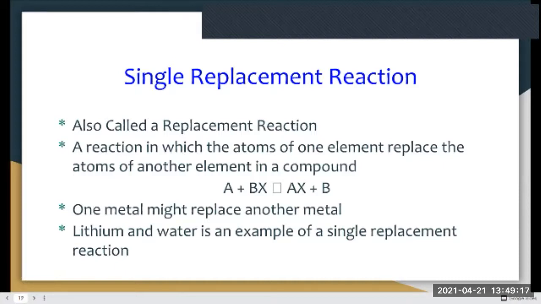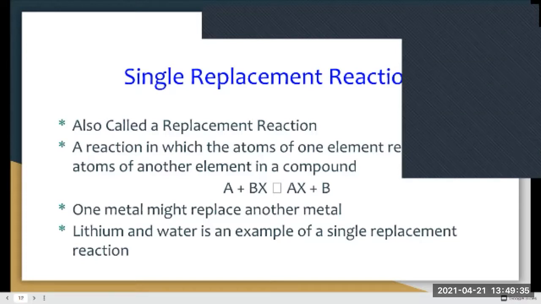And this is legitimately a reaction where one atom completely replaces the atoms of another. Another way of thinking of it, it's switching anions. Your anion is going from one cation to another cation.